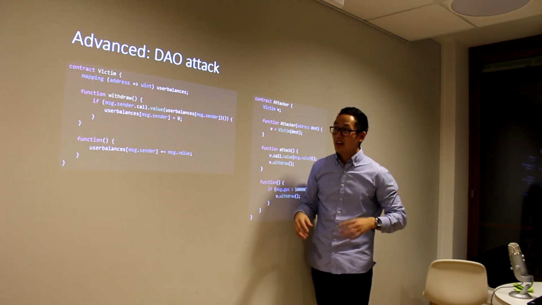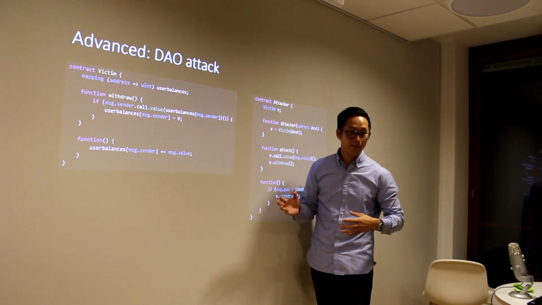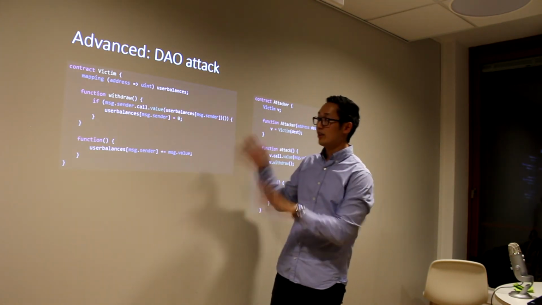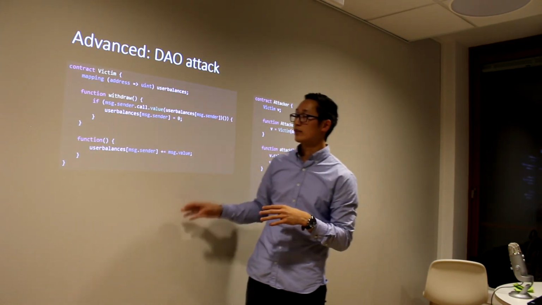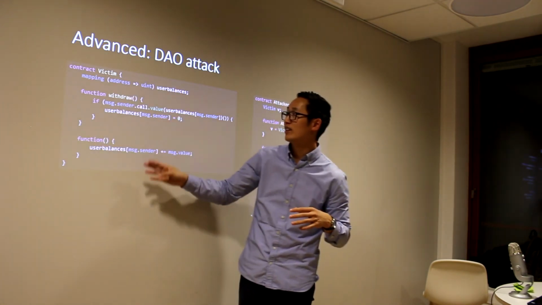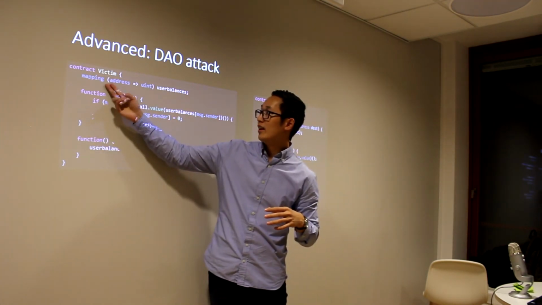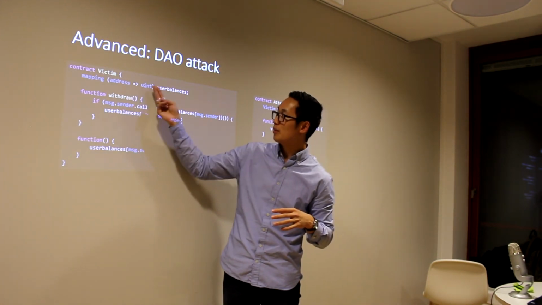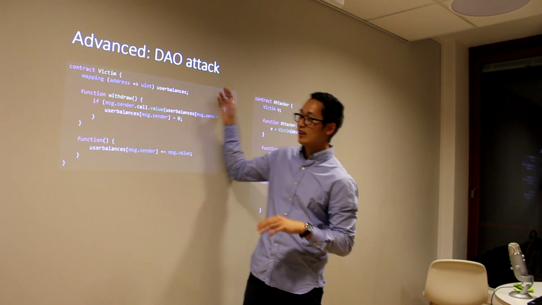Today I'm going to describe how the DAO attack actually happened. This is just a simple version. We have a contract called Victim. It has a hash table that says what the balance is for each user.